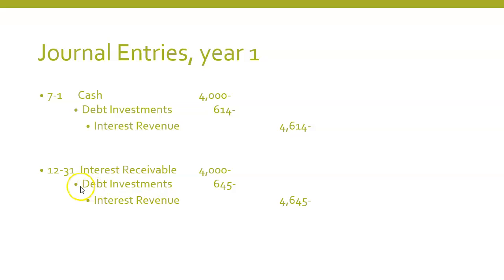And we're going to debit, or add to, debt investments the 645. Now, if it had been a premium bond, we would have to subtract. We would be crediting debt investments for the 645 and the 614. And we're crediting interest revenue 4,645.